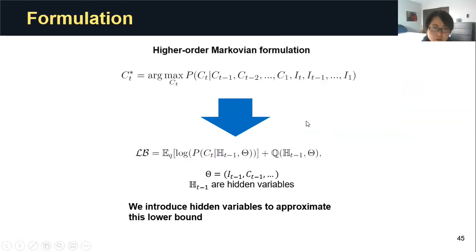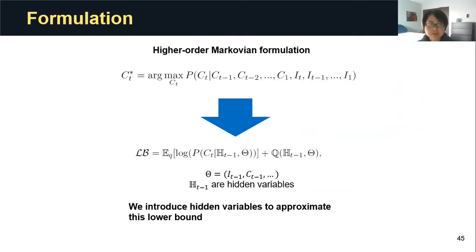And that's why we are converting this higher order Markovian formulation into another formulation. In our publication, we had a formal derivation of the process, but I'm just showing the result here. So we derived the lower bound of this problem, and we are approximating the lower bound instead of the original problem.